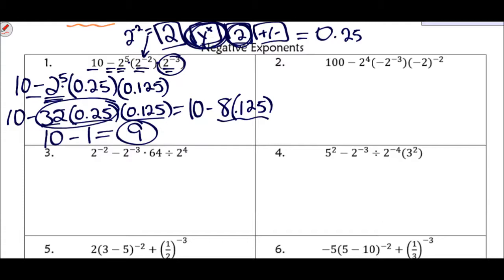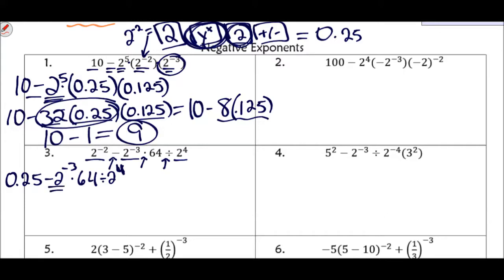The next one we have an exponent. We have subtraction. We have another exponent, then we have multiplication, then we have division, then we have another exponent. So I'm just going to work those exponents left to right. 2 to the negative second is 0.25 minus 2 to the negative third times 64 divided by 2 to the fourth power.